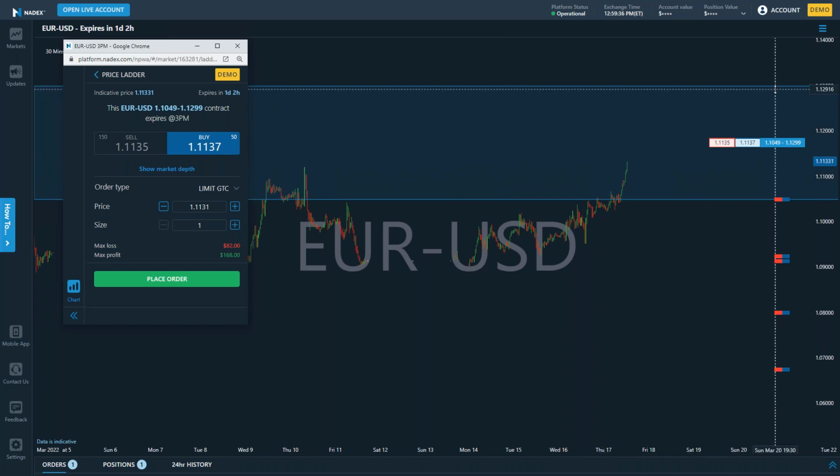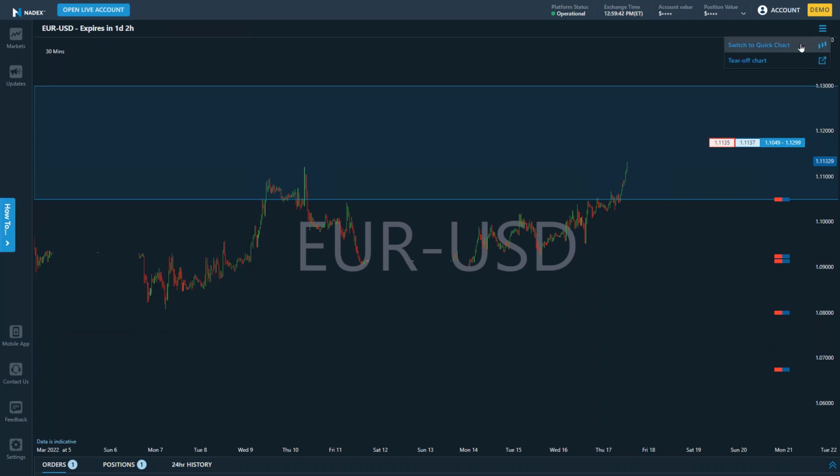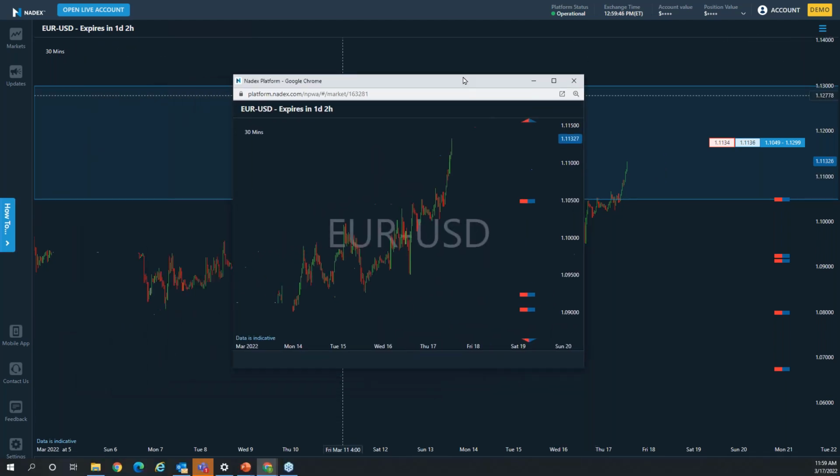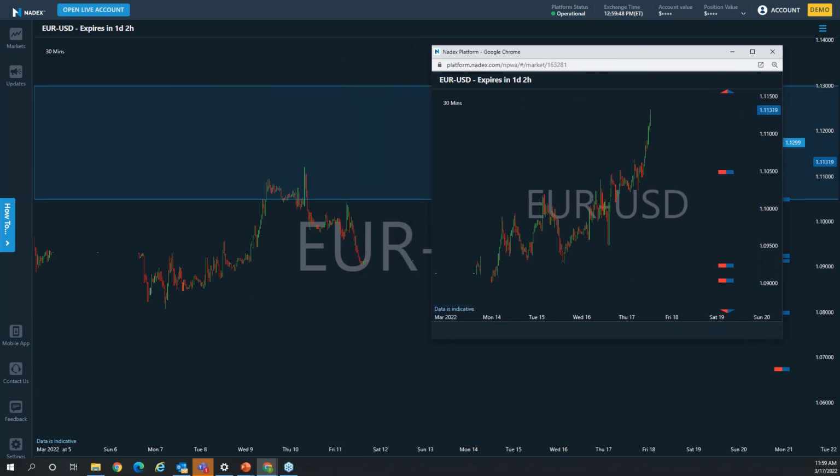So I've been just keeping the platform setup as a default. I could also tear off my chart, and if you had multiple trading screens, you can see how I could have multiple charts open. Oh, where's my order ticket now? I just closed the order ticket.